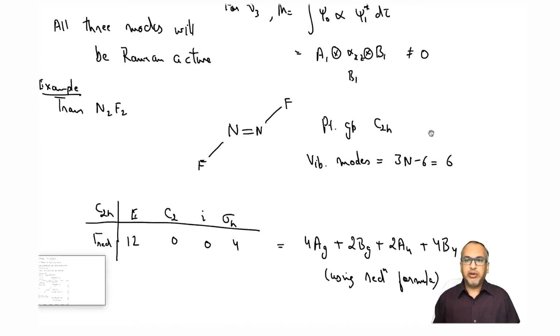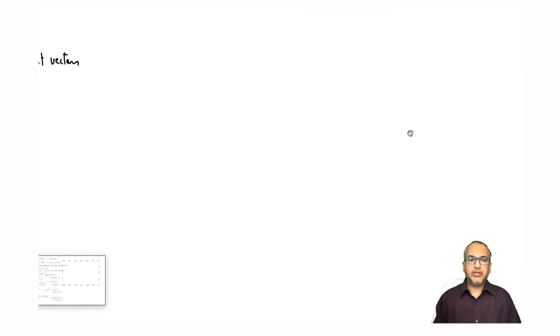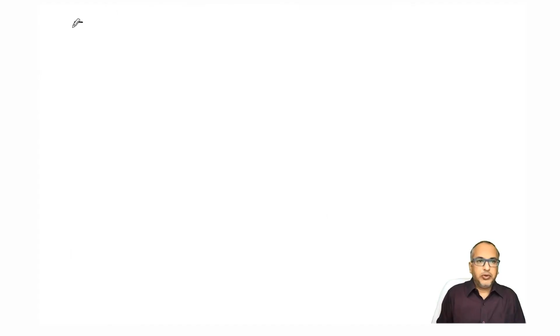Now, which of these vibrational modes will be IR active and which of these will be Raman active? How would we tell that? So we know that gamma vibrational is equal to 3Ag plus Au plus 2Bu.